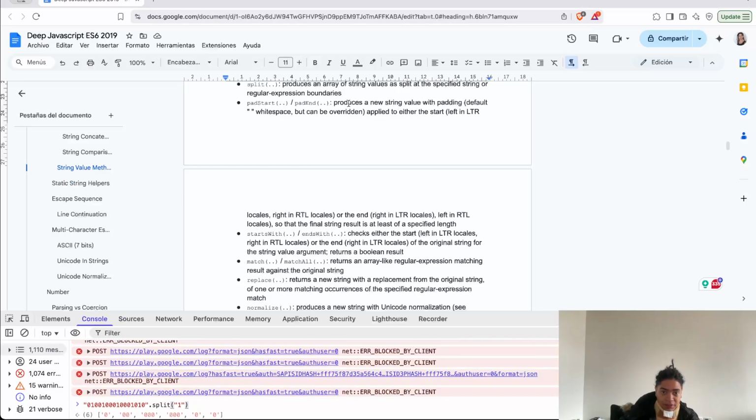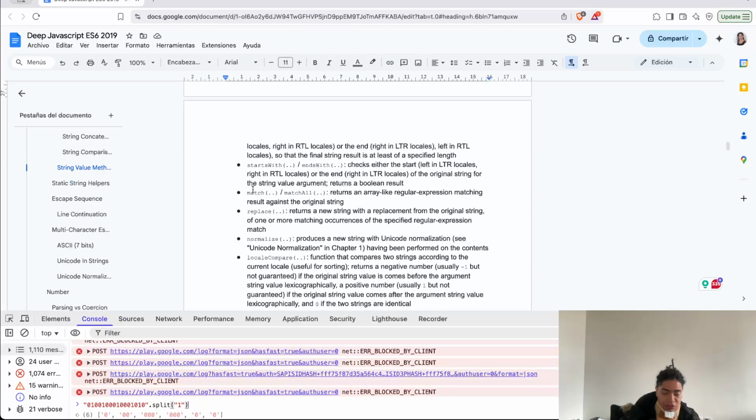So yeah, this is padStart, padEnd, startsWith, endsWith. The other is, yes, I mentioned startsWith and endsWith. Match, which returns you the original array but in a collection. All right.